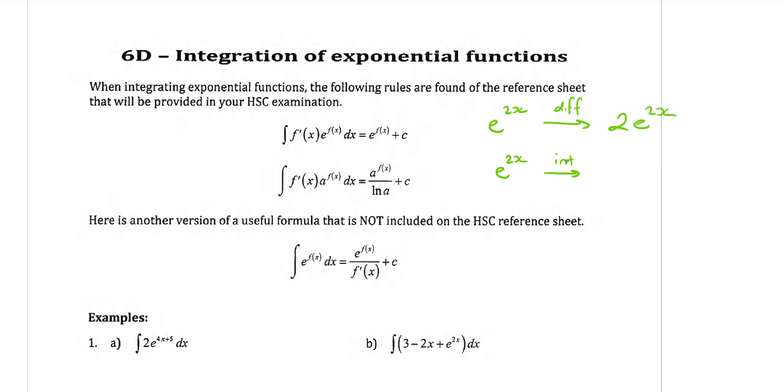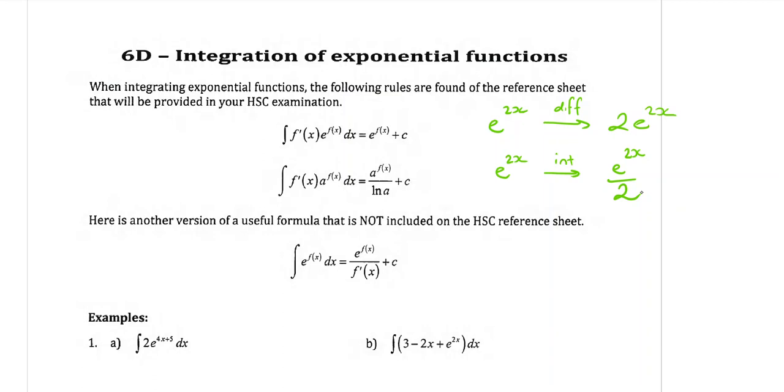So, if I just have e to the 2x, when you integrate it, you keep the e to the 2x, but remember that integrating and differentiating are opposites of each other. So when you're differentiating, you multiply by the 2. When you're integrating, what do you think you do? Divide it. It just all goes over 2, and then of course you'll have your plus c if it's an indefinite integral.